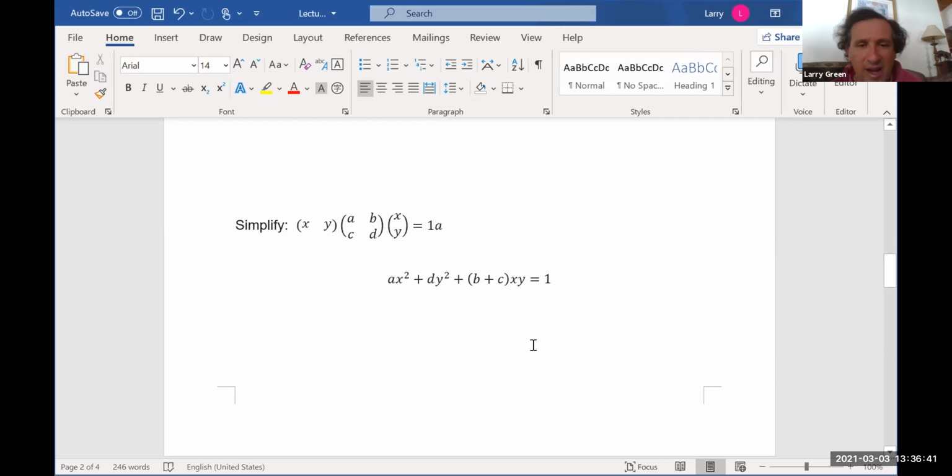Any questions on how I got that? Any questions on that? So I see some of you have different stuff, but this is the right answer. Any questions when you multiply these out? This is what you get.